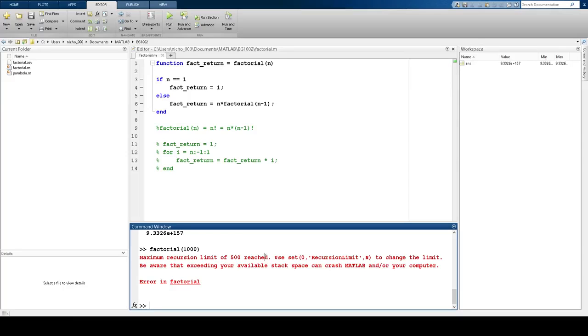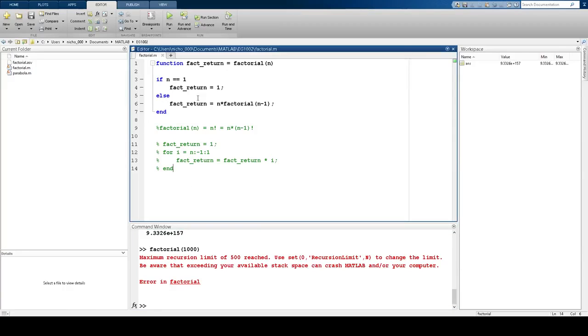We can set that limit, but we are running out of stack space and can crash MATLAB and/or your computer. That's bad. We generally don't want to crash our computer. Because we've got to generate a new workspace and store these variables so many times, for factorial, doing it recursively is one of the easy ones to understand, but it can be a big problem.